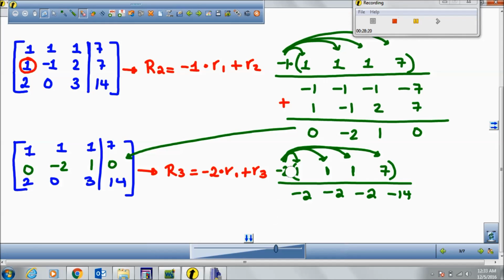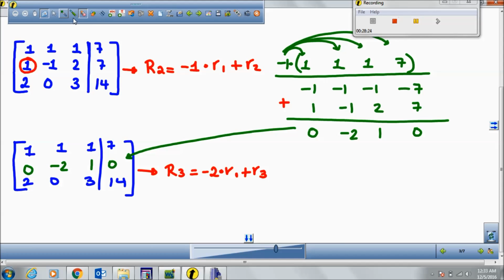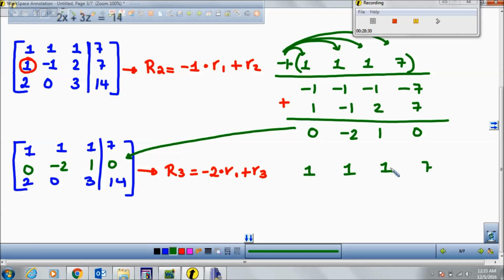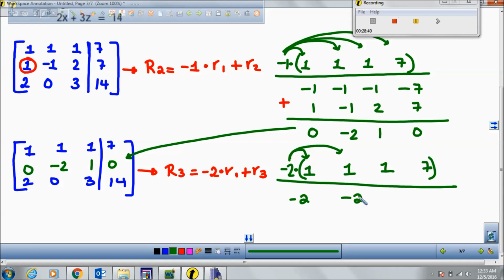I feel like I put all this like if I didn't have space or something. 1, 1, 1, 7. So we multiplied all this by -2. So this was -2, -2, -2, and then this was -14.